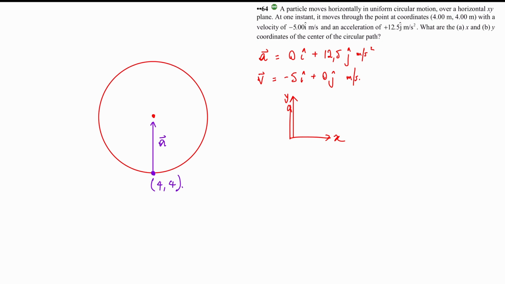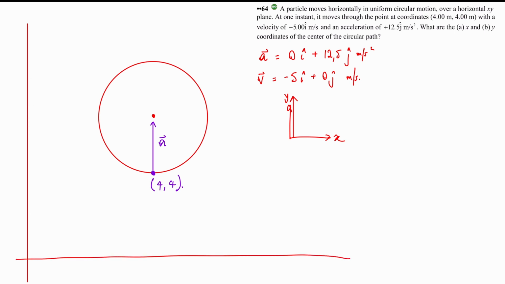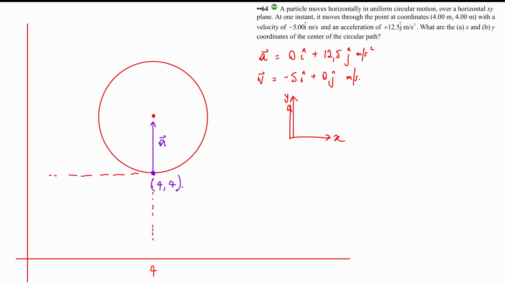So this means if we were to go 4 units down, we would get the x-axis, and if we were to go 4 units across, we would get to the origin of this coordinate system. So our coordinate system is something like this, for argument's sake, so that this point here is 4, and that point there is 4. So this is y, and that is x.